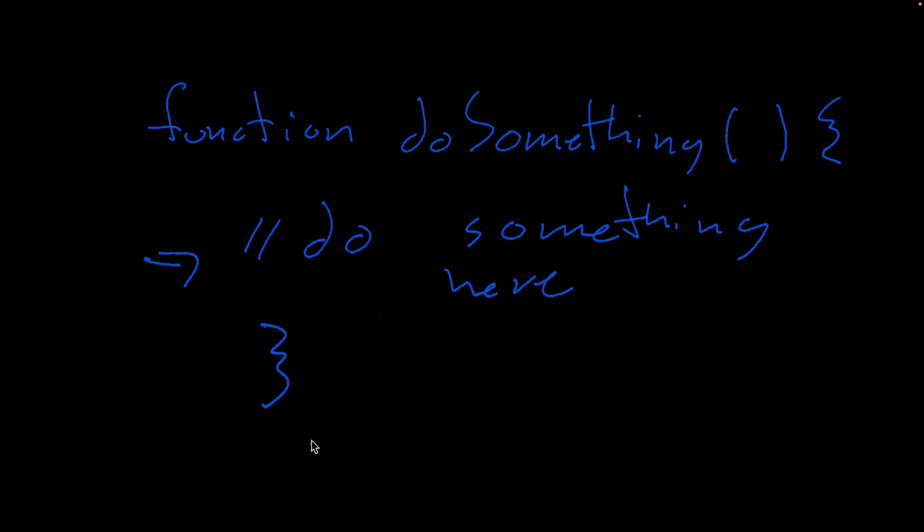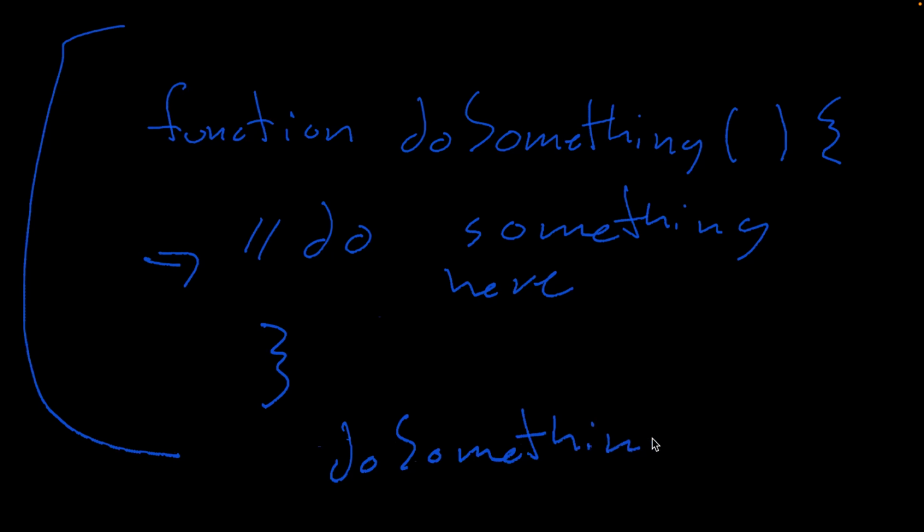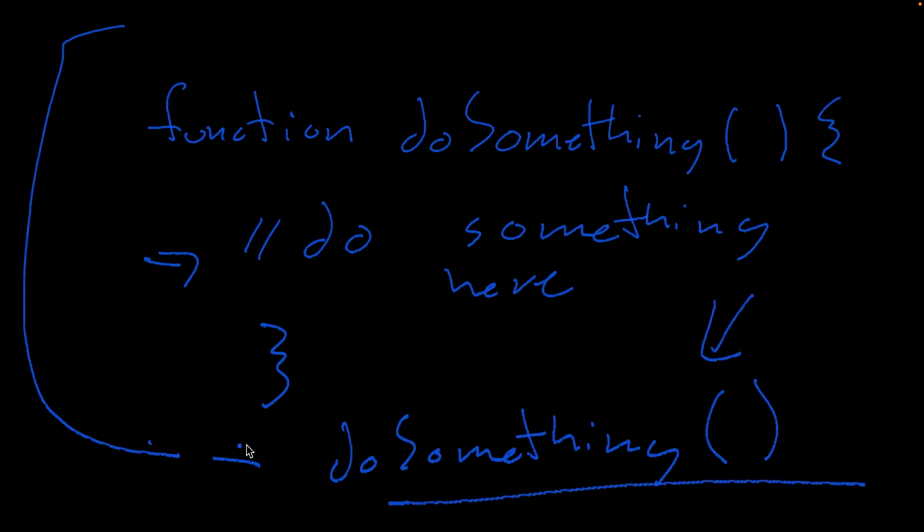What I'm actually asking is how do we make this function run? We defined it. You have to put outside the parameters, do something and then parentheses, whatever you want it to run. Yes, this will cause the function to run. It won't run unless you call the function.